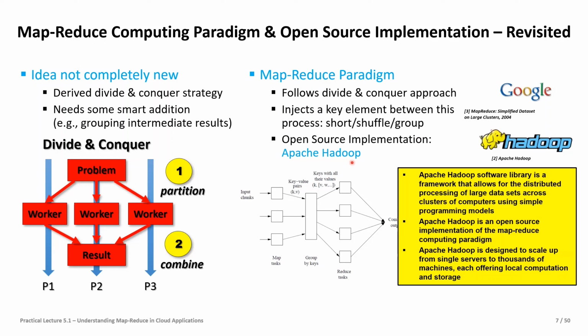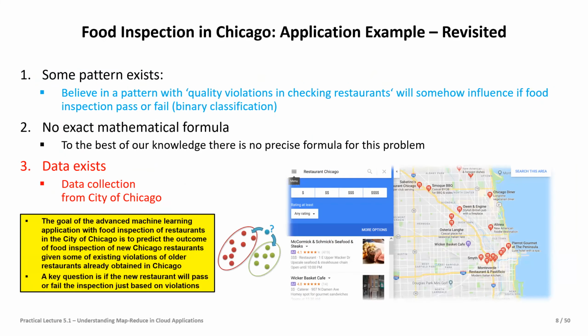So in the first part, we will leverage this a little bit and look at the very simple word count problem again, and how this is actually created in practice, connecting to the things we already know. And as a simple example of applications, I brought you again the food inspection.